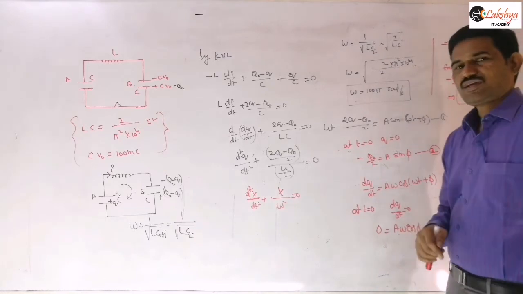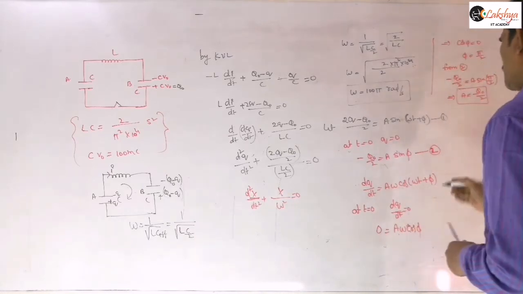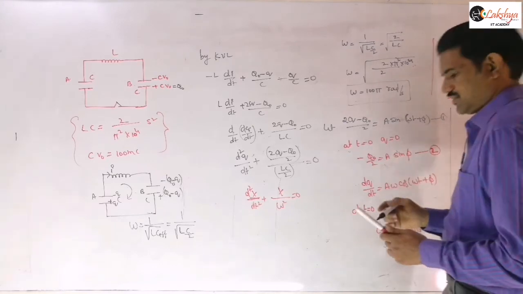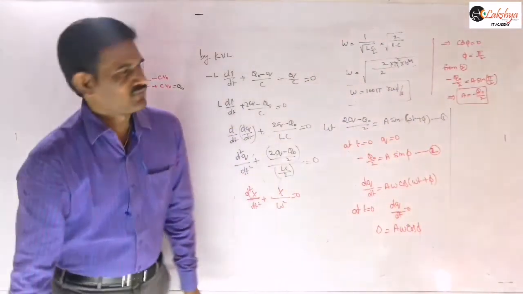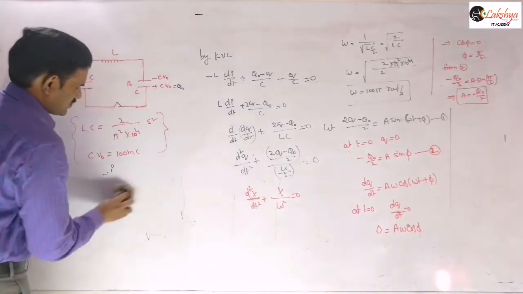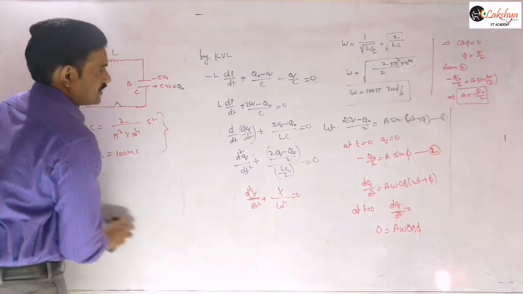And so once you have got the A value, then you can write from equation 1. Therefore, I will rub here and I will write these equations there. So finally now we are going to write the values, the charge on these capacitors.